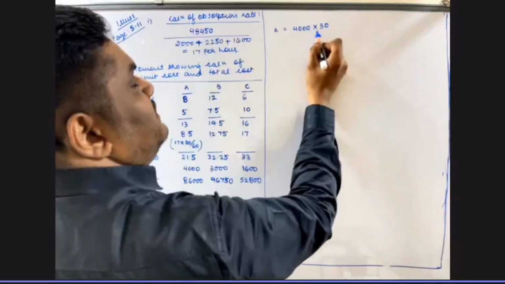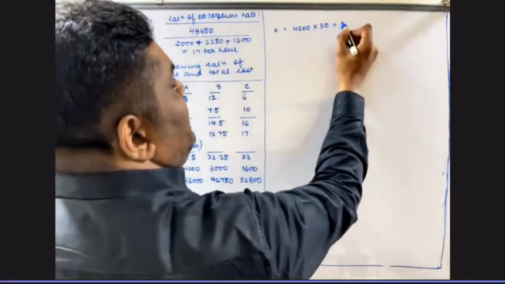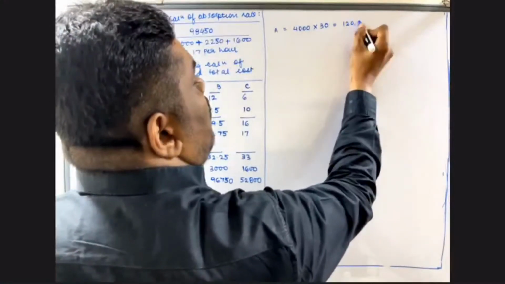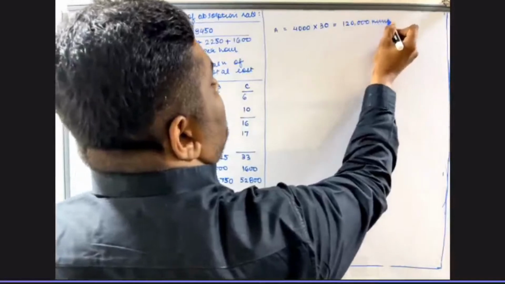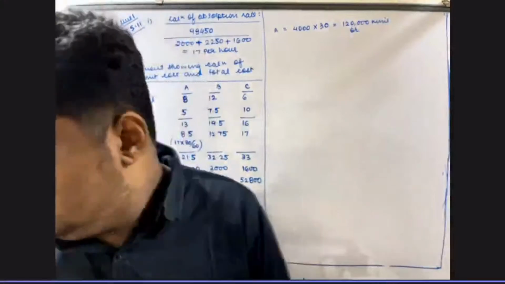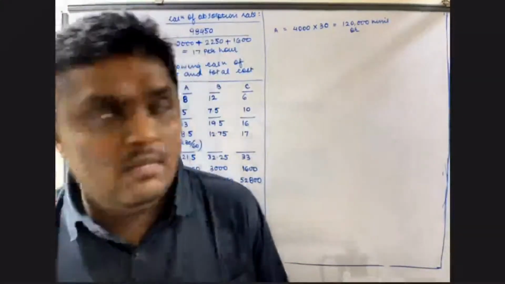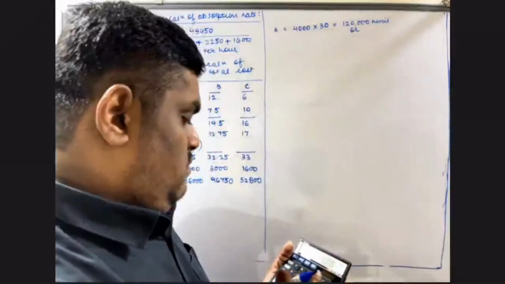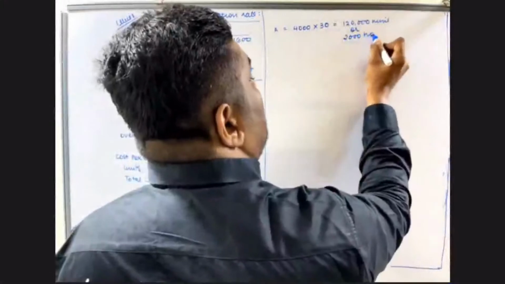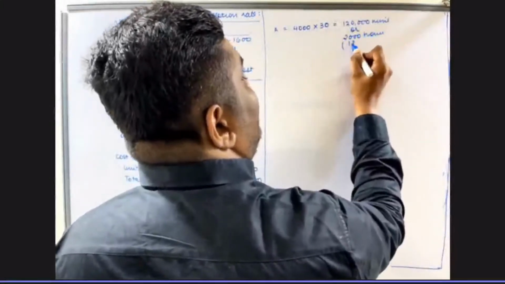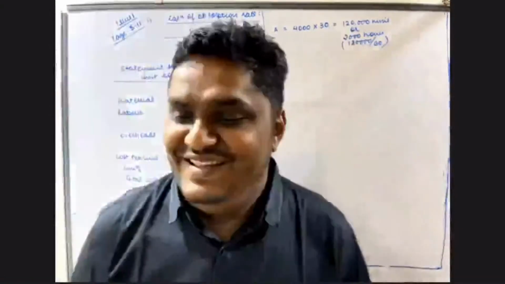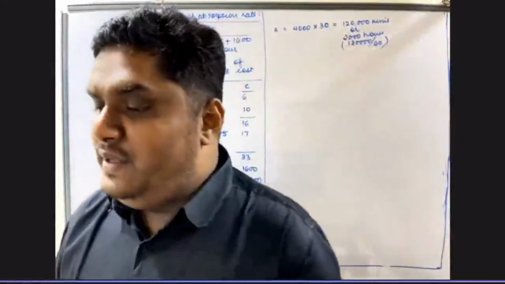So the total minutes will be 1,20,000 minutes, or we can say 2,000 hours, that is 1,20,000 divided by 60. So I hope your query is resolved, Abhay.